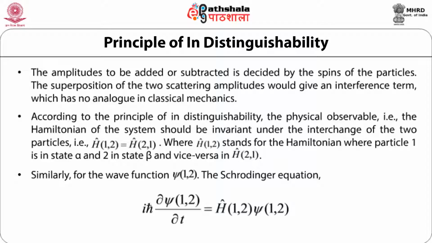So in this manner, one can see that if one interchanges the target and the projectile, so long as both of them are protons, the total Hamiltonian of the system remains invariant.